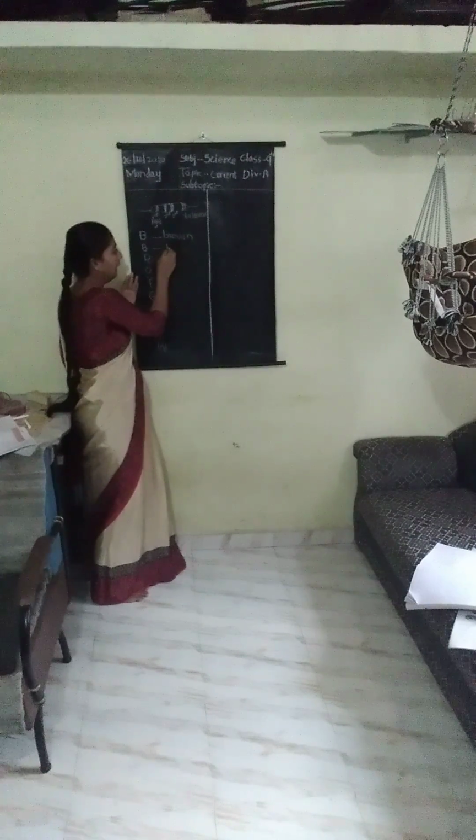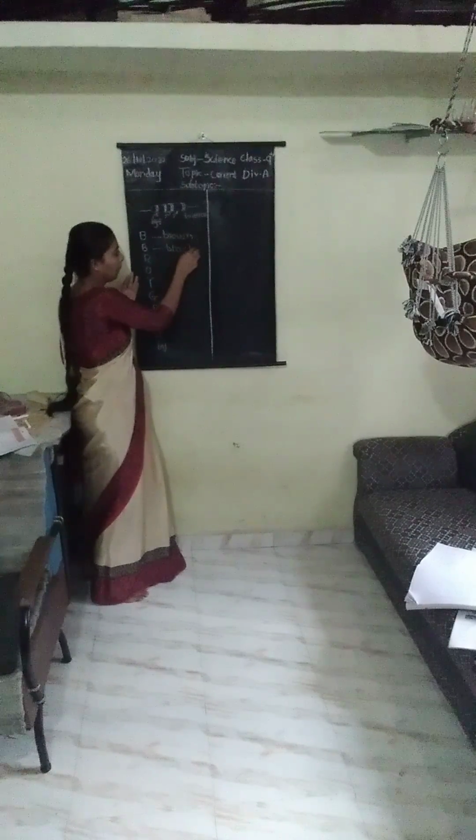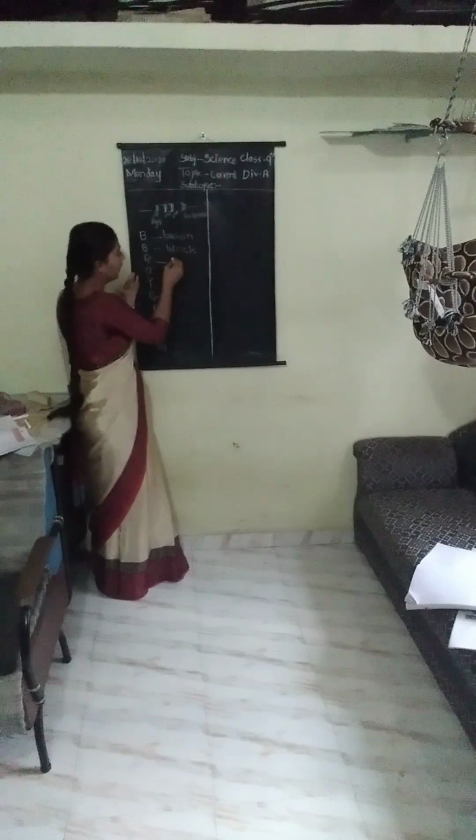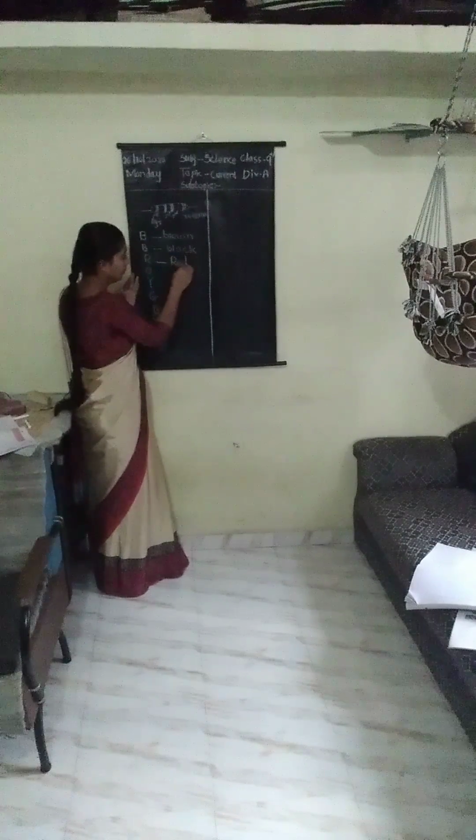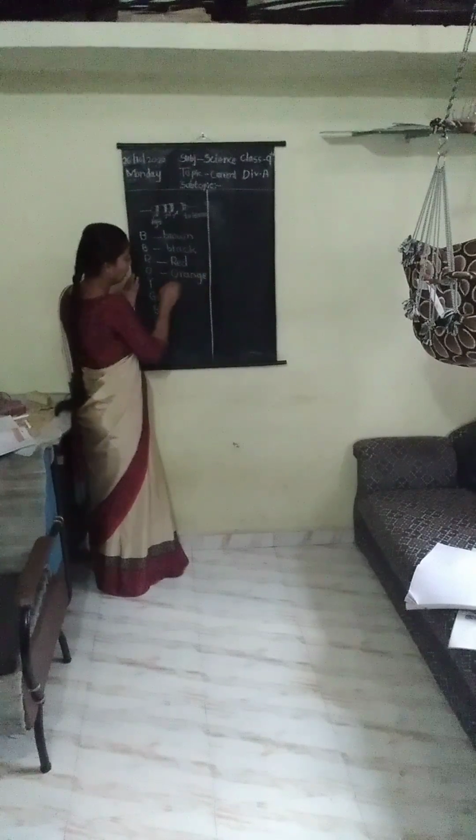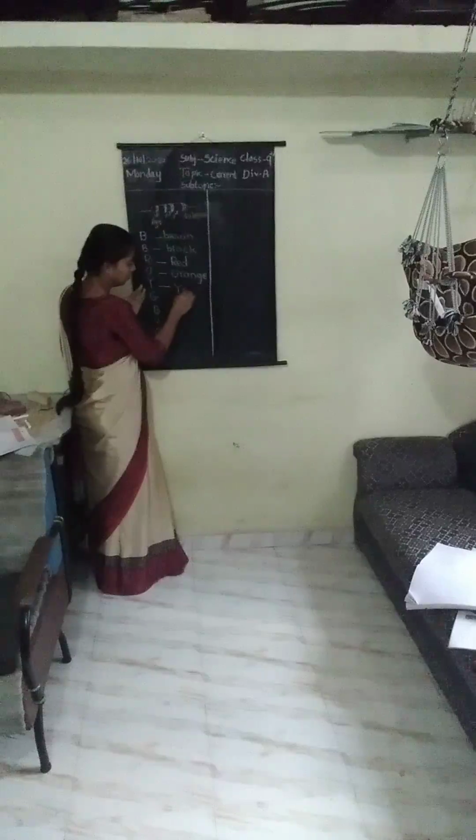Second one is black. Third one is red. Fourth one is orange, then yellow, green, blue, violet, grey, and the last one is white.